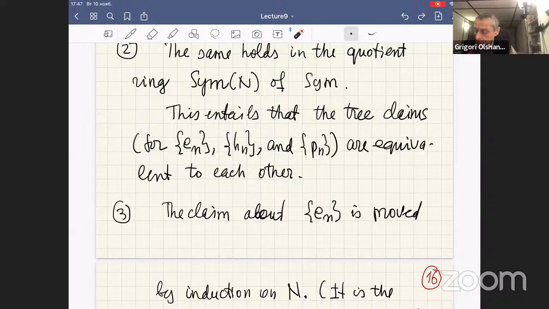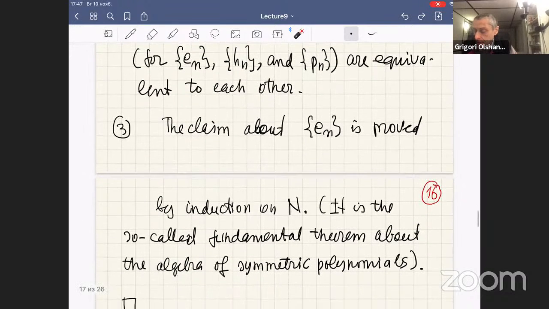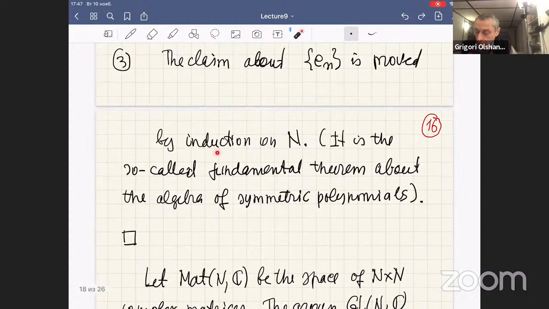But this is a well-known fact that the algebra of symmetric polynomials in n variables is freely generated by the first n elementary symmetric polynomials. In this case, we also know that there are exactly n elementary symmetric polynomials. So this is a claim from elementary algebra. It can be proved. If you forgot how to prove it, just take it as an exercise. It is easily proved using induction on the number of variables.